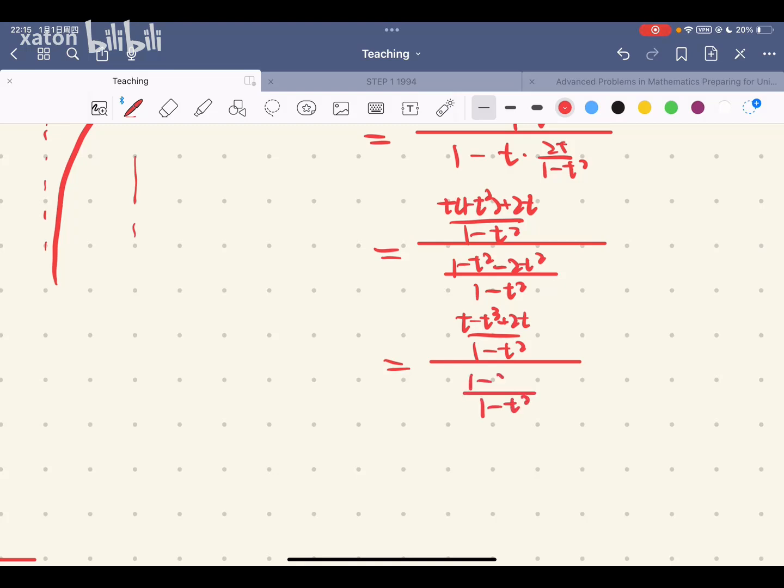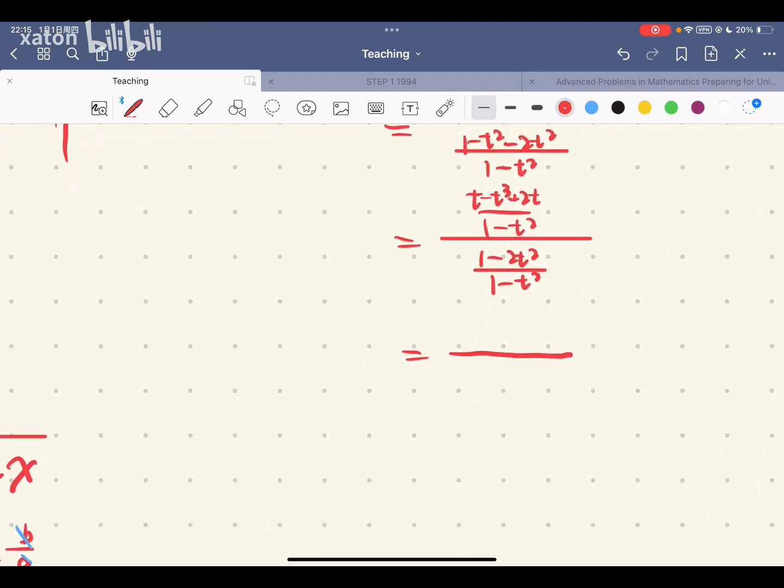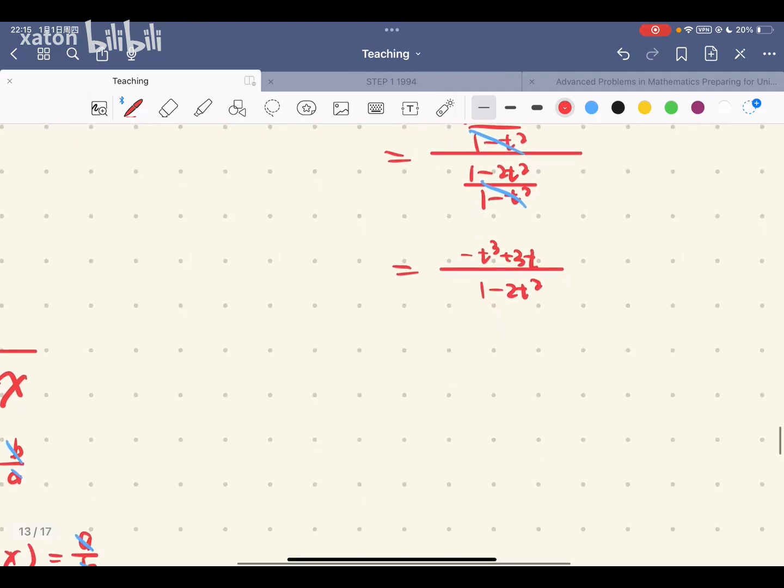You can skip this part if you don't want to watch. So you cancel this out, and it becomes 3t plus 2t squared... okay, this would be t cubed minus 3t over 2t squared minus 1.